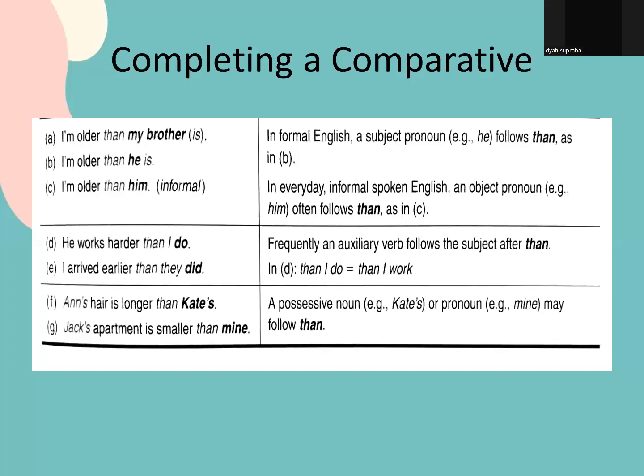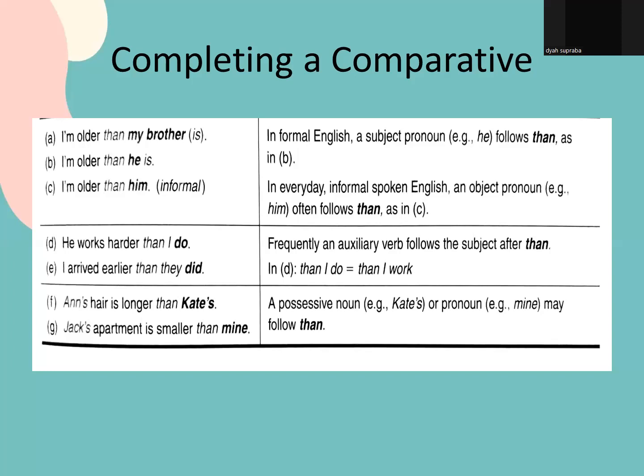Now in here we are going to see, to make a complete comparative, don't forget to use than. In formal English, a subject pronoun, for example he, follows than. Yeah, let us see example B. I'm older than my brother.